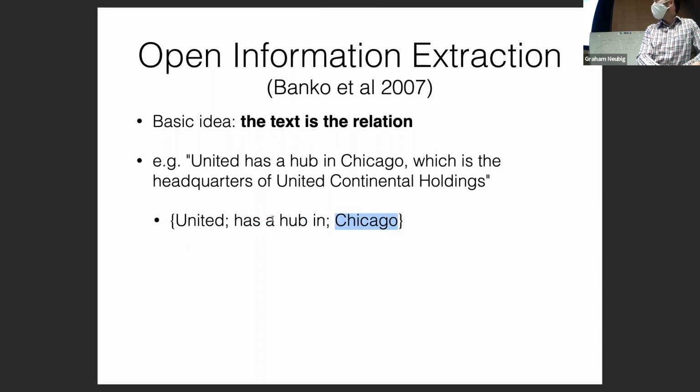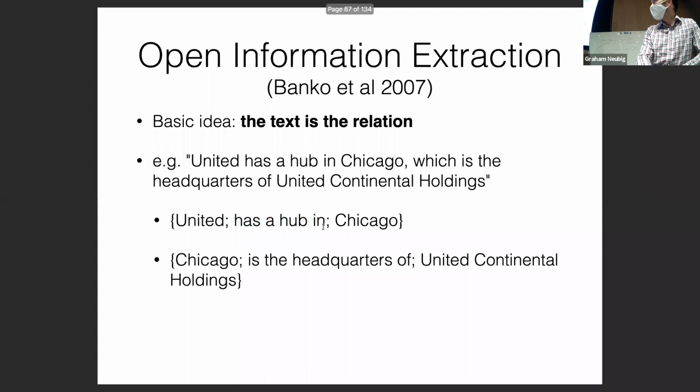So this is good because maybe there's not a has a hub in relation in Wikidata or something like that. So you would want to be able to extract this information. Chicago is the headquarters of would be another example.